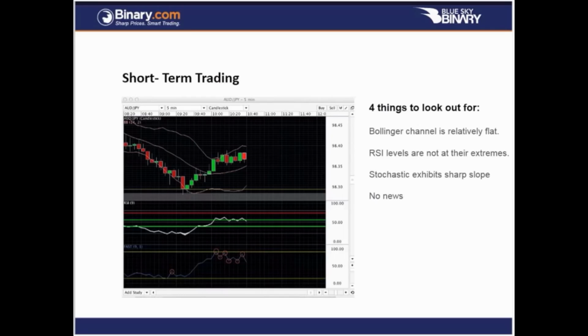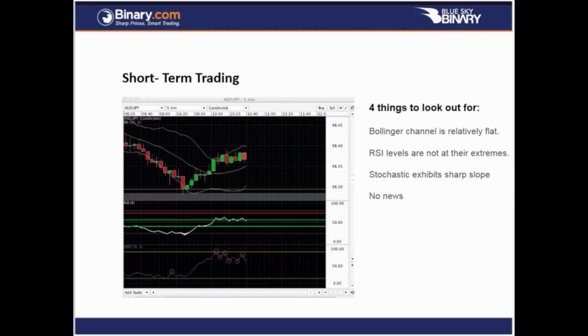Okay, this is what Bollinger Bands represent. So after you've set up the Bollinger Bands, you have to notice the flattest channel, this is the first point. Okay, the second point that you need to be noticing is that you want the RSI to be in neutral territory.